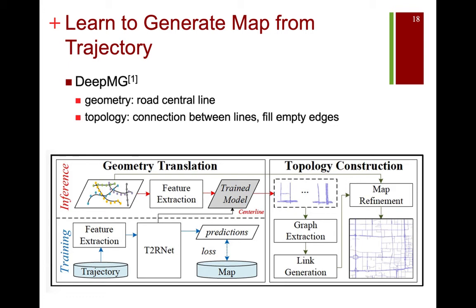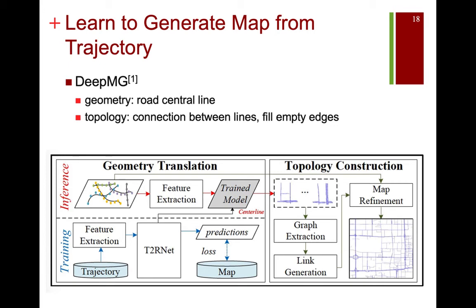representing the road central line. For example, if there exists some road central line in one grid cell, then this grid cell will be marked as 1. So this is a kind of morphological way to represent a map. During training, the ground truth from the real map data is used to tune the parameters of this model, so this is supervised learning.